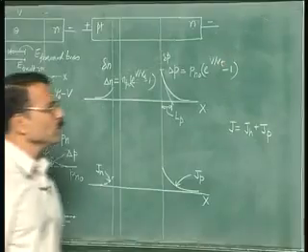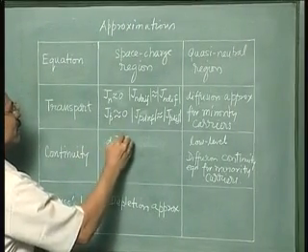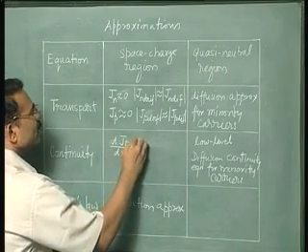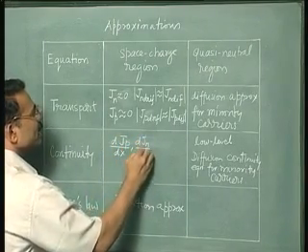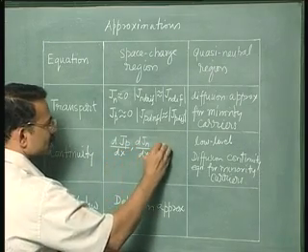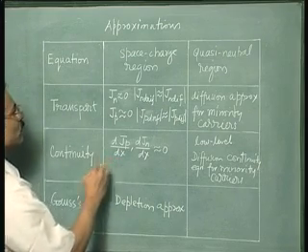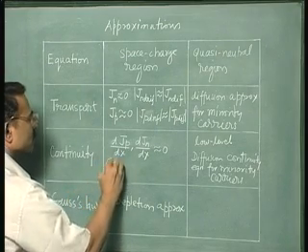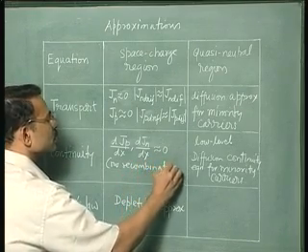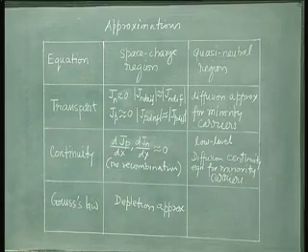So this is equivalent to putting here the fact that dJp by dx and dJn by dx, the rate of change of the current densities with x, is 0. This is equivalent to saying no recombination in the space charge region.